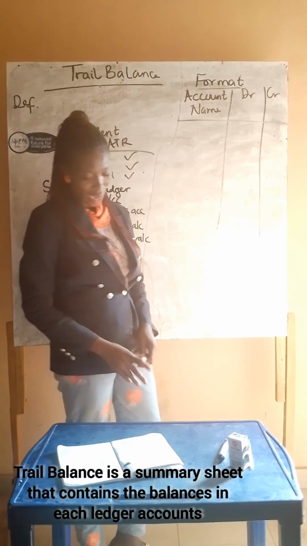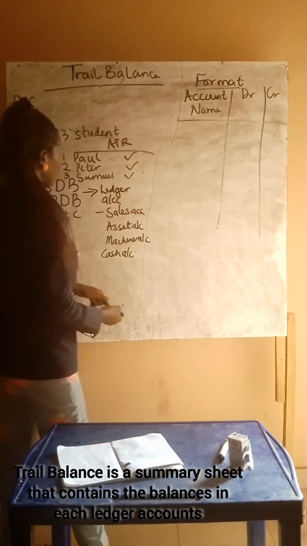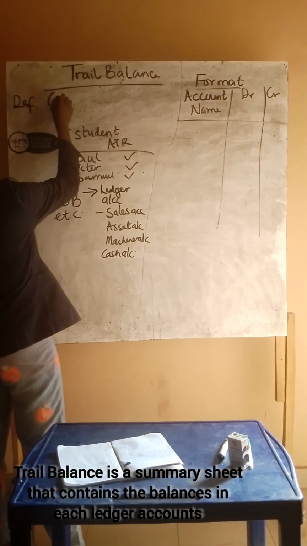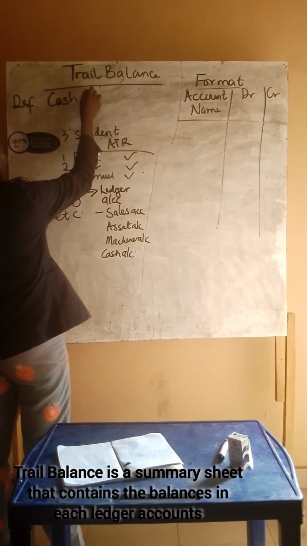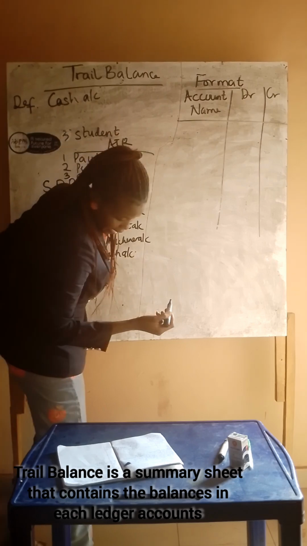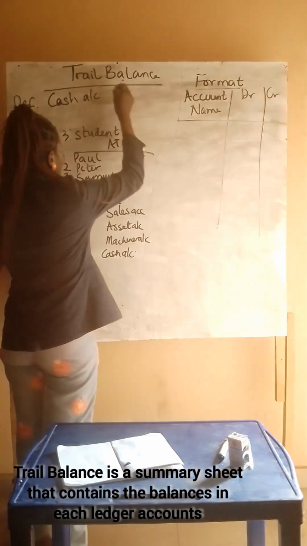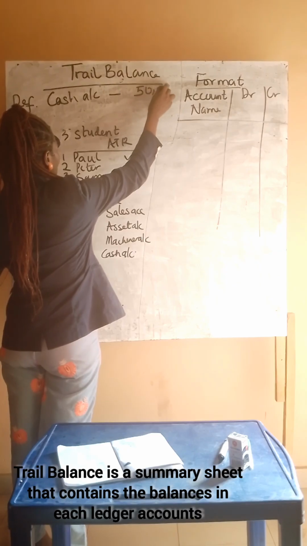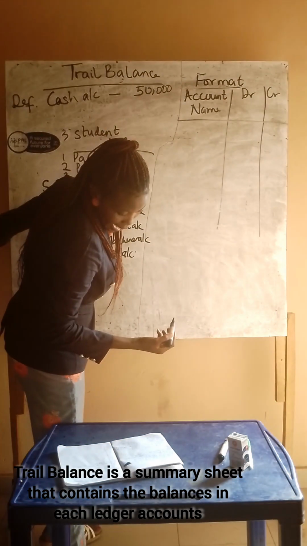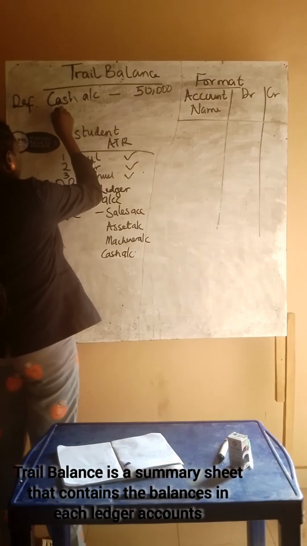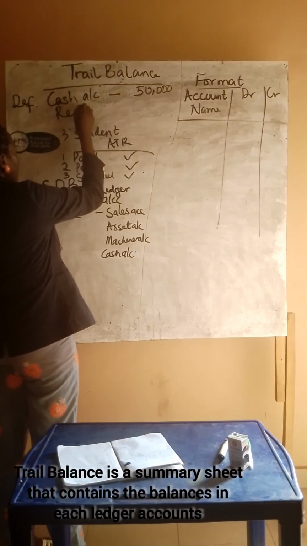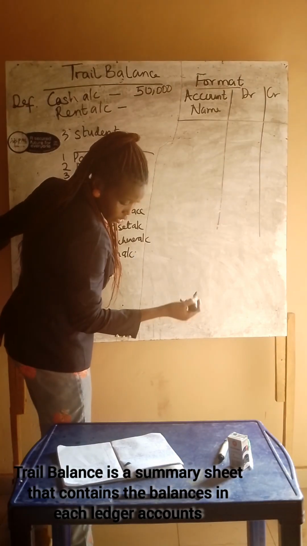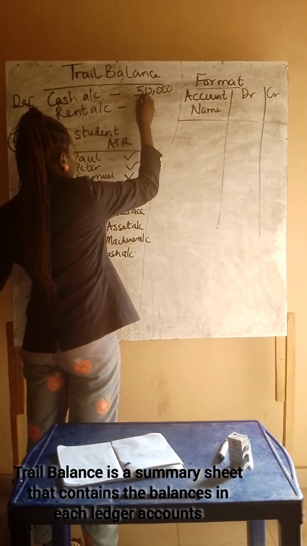So let's say we have the balance in our cash account. Let's say we have our cash account, and the balance that we have there is, say, 50,000 naira. And then we have our rent account, and the balance I have in my rent account is 10,000 naira.